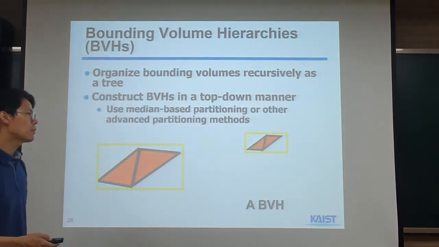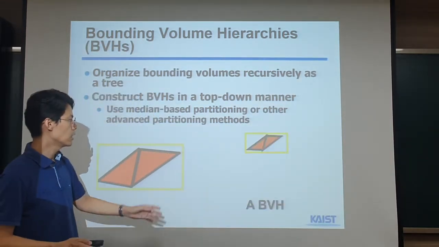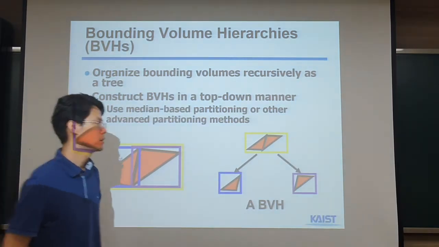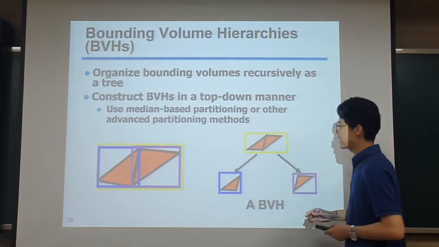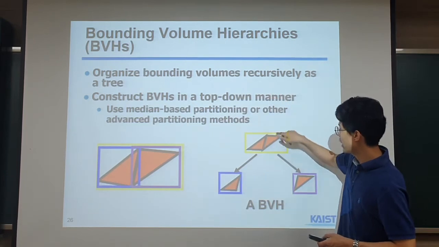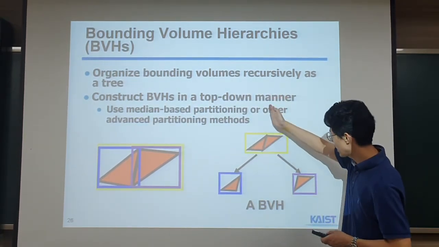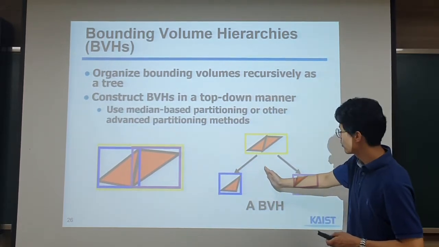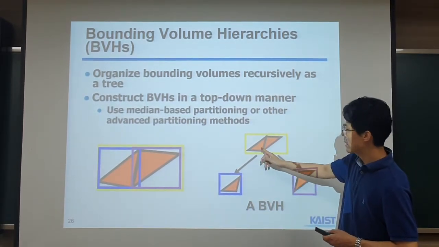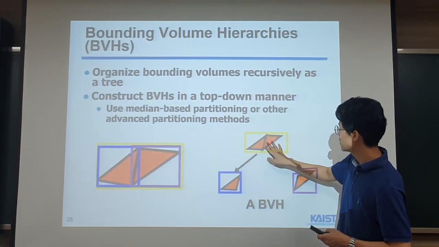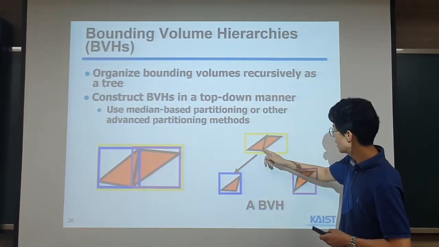Then we partition the triangles into the left and the right node. The common way of partitioning is to break this bounding volume along its longest edge. In this case, we break the bounding volume that way, right? Then we partition the triangles against that plane or line.